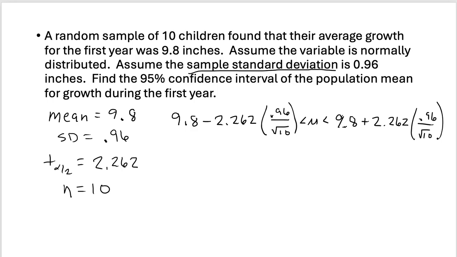So on the first side, left side, I get 9.11 if I'm rounding to 2 decimal places. And for the other side, I get 10.49.